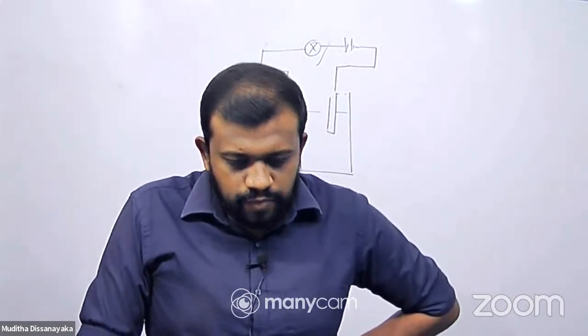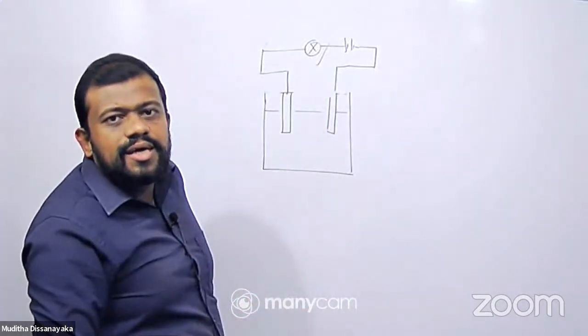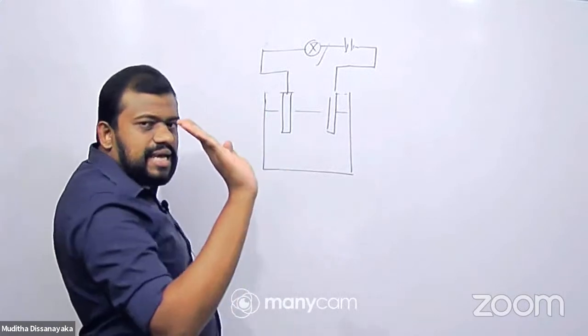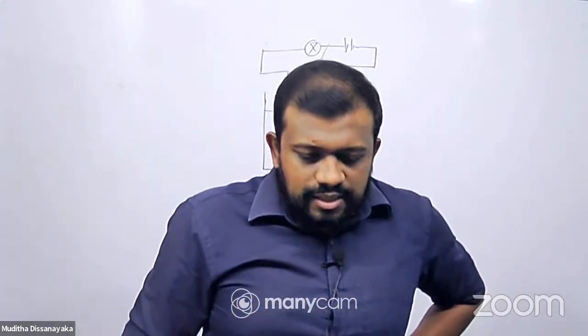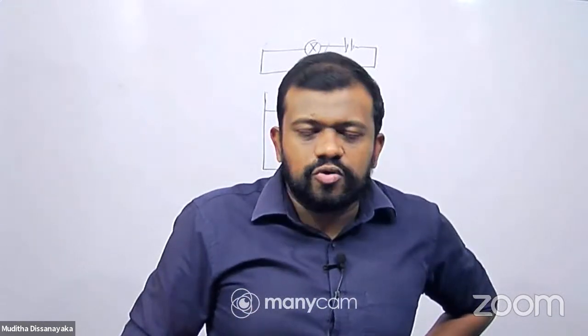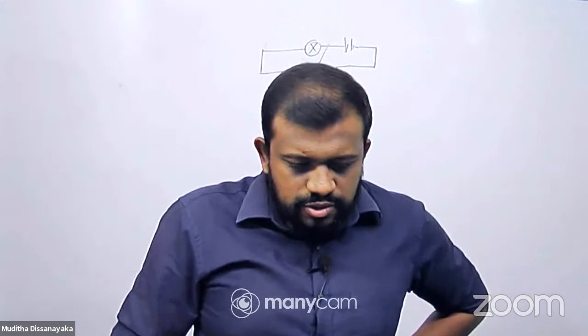If you fix a milliammeter here, you can see the milliammeter indicator deflects. The deflection can be seen, right? So kerosene, nothing, no illumination, no deflection of the ammeter.